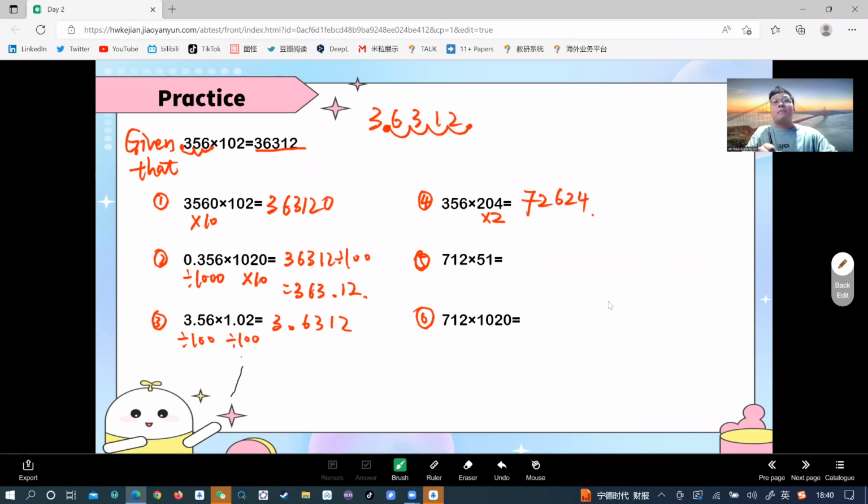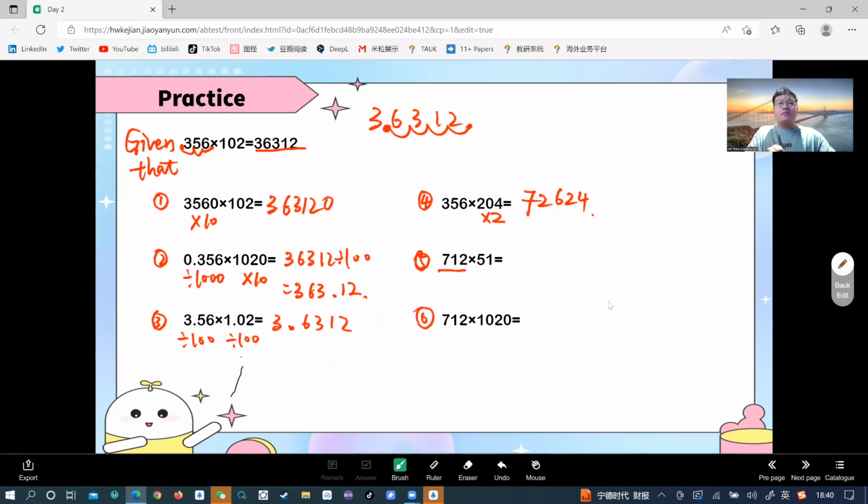72,624. Yep. So also for this question number 5, everyone, try to solve this one by yourself. Tell me what is your answer for question number 5. What is the change to these two multipliers here? Yep, you're right.